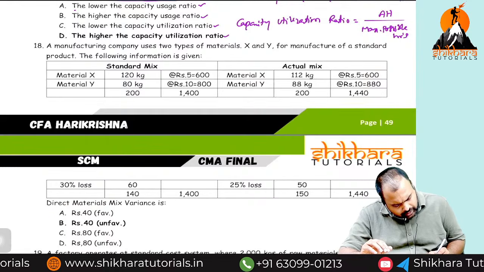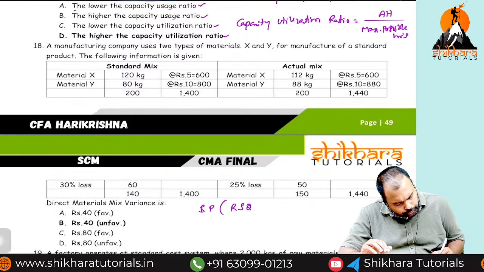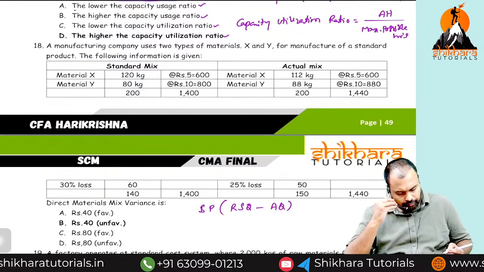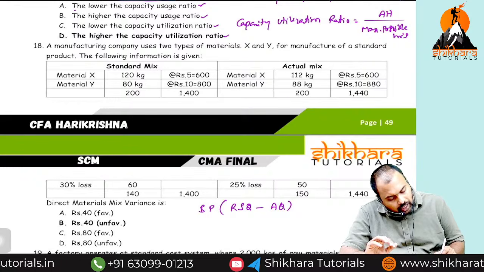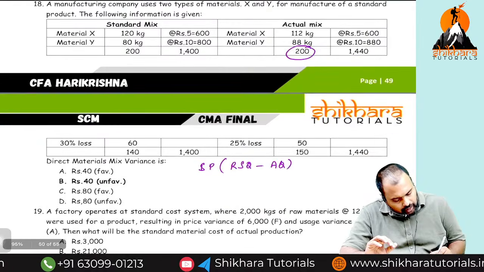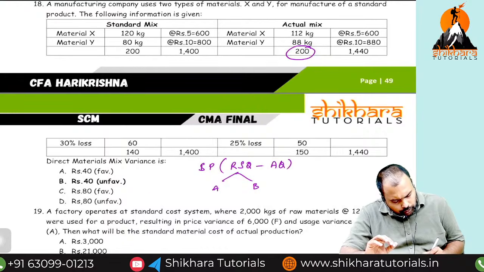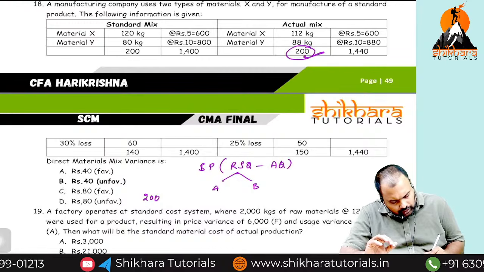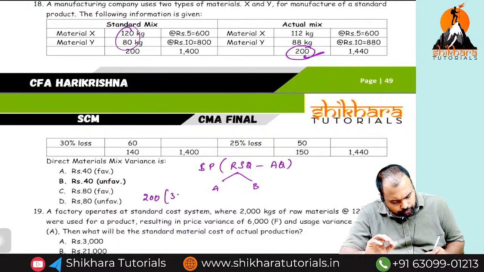What is mix variance? Standard price into RSQ minus AQ. That has to be the mix variance. Sir, what is RSQ? RSQ is nothing but total actual quantity in standard mix. So what is RSQ of A and B then? The total of A and B is 200, and that is the actual quantity used, in the ratio of 120:80, which is nothing but 3:2.